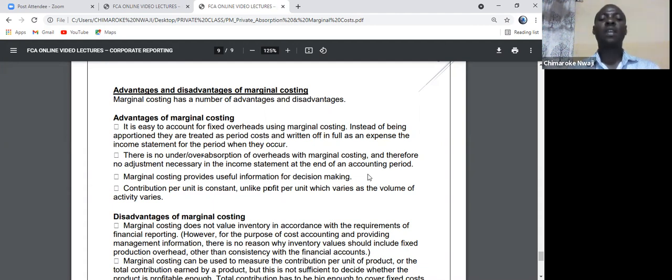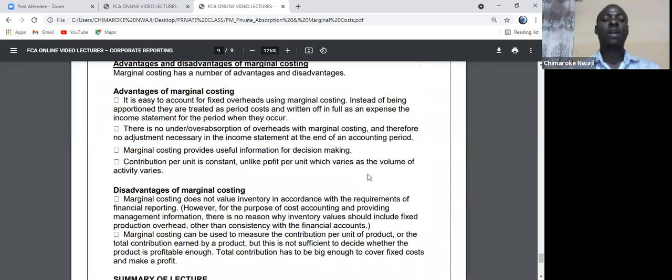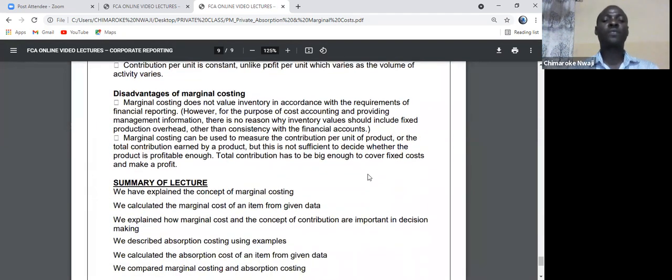So you see, contribution is king and it is constant. So you can use that as a planning tool, but you can't use profit as a planning tool because profit per unit keeps changing.